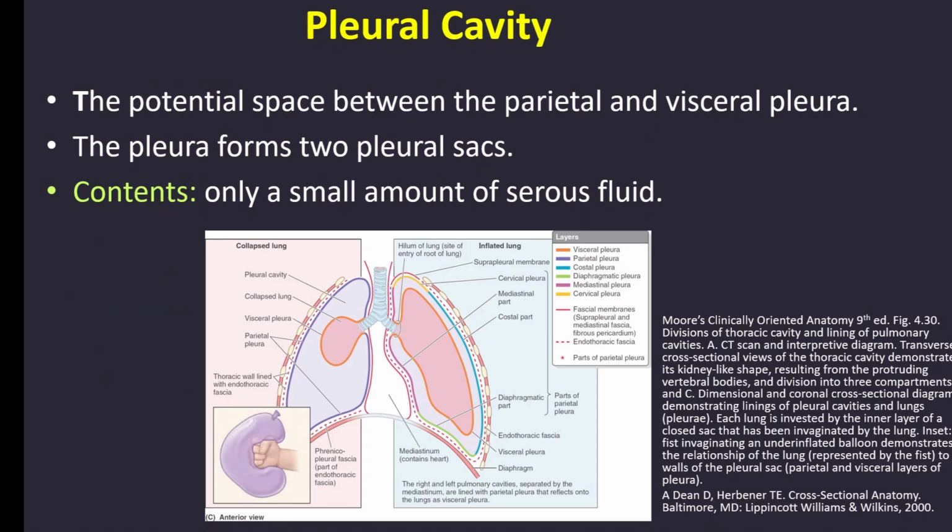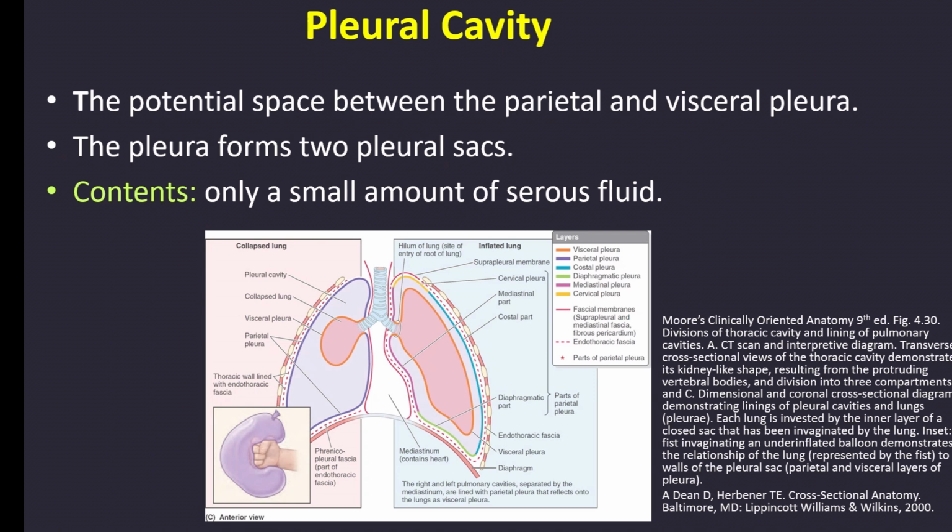Okay, so that pleural cavity again is a potential space. It's not a real space, and the pleural cavity forms around both lungs.